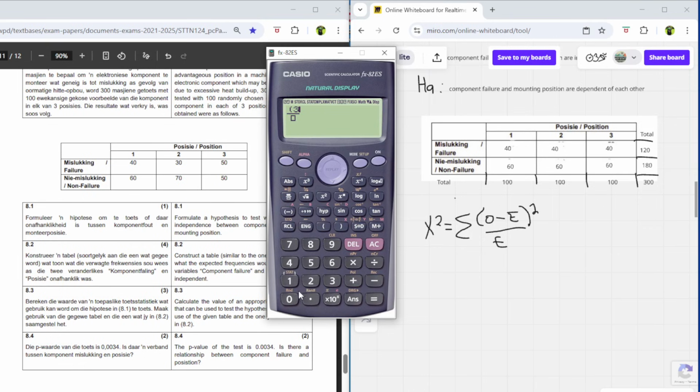So it's going to be 30, which is the observed, minus the expected, which is 40, squared over 40, plus 50 minus 40 squared over 40.